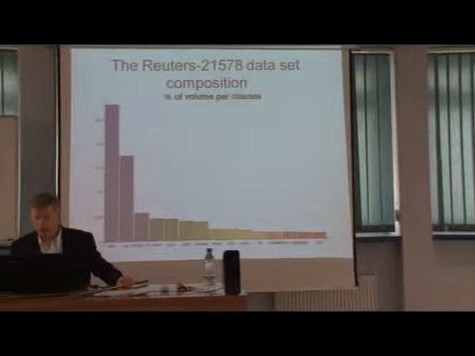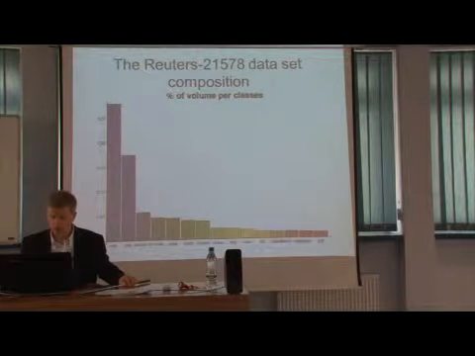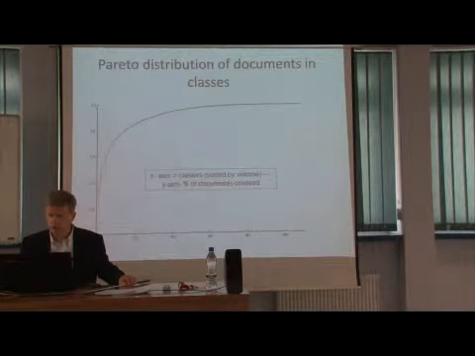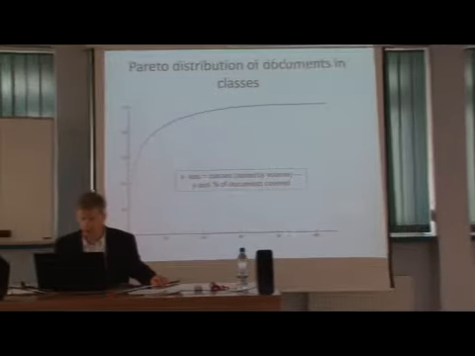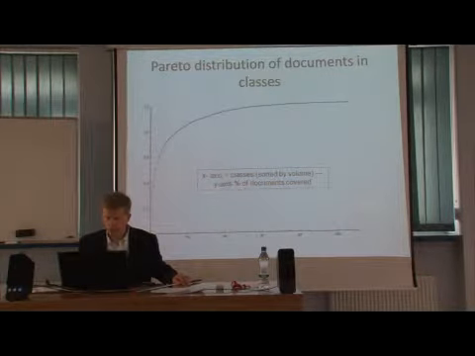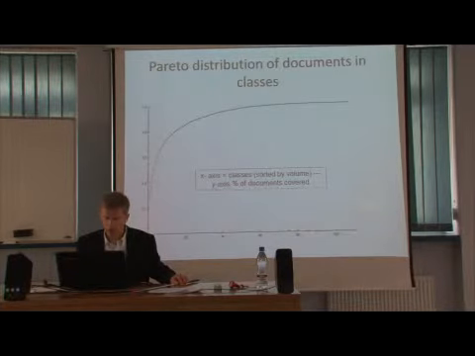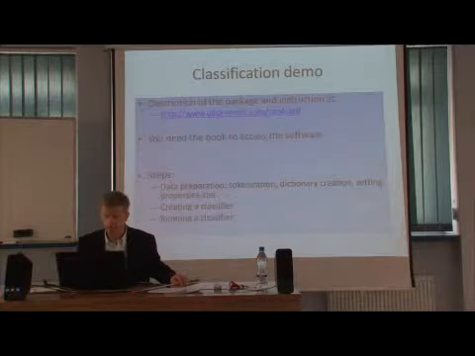So this is a diagram of data set composition. This is the fact that a few dozen classes give you 95% of all documents.